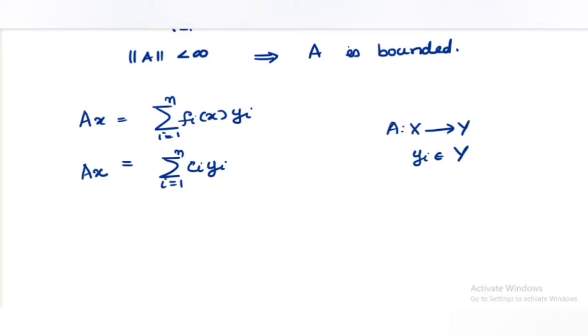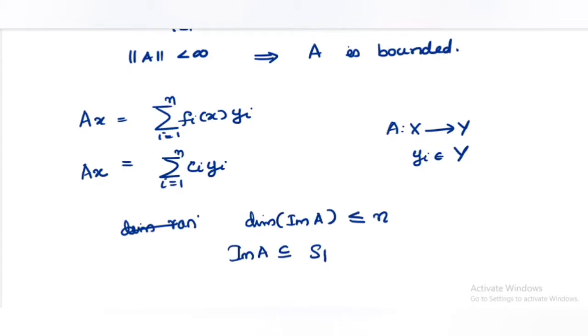Therefore, clearly the dimension of the rank of A, the dimension of the image of A, is less than or equal to n, because each term is a linear combination of yi, okay, y1, y2, etc., yn. Therefore, the image of A is contained in the span of y1, y2, etc., yn. Okay, therefore the dimension of the image of A is less than or equal to n. This implies A is of finite rank.